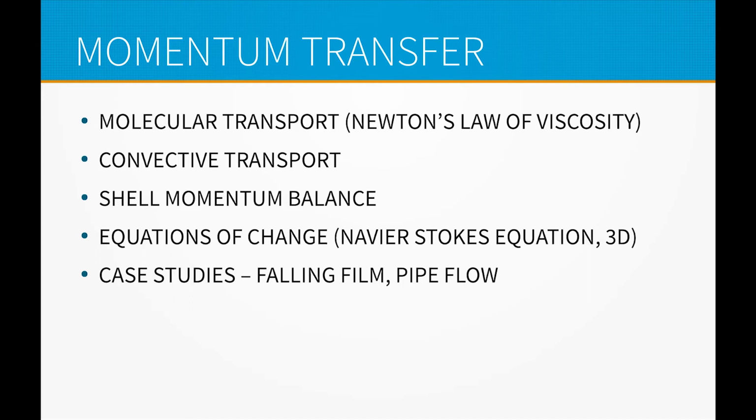And lastly we'll study some case studies like falling film, pipe flow. What happens if a water film or some organic solvent film is falling over an inclined plane? So what will be the velocity profile, the mass flux, etc.